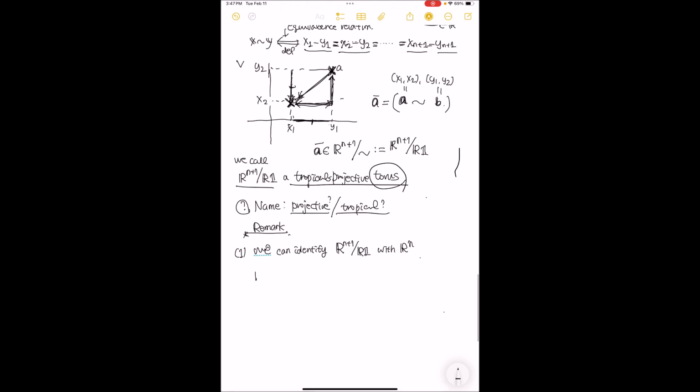Why? If we consider the relation, that is just the equivalence relation.